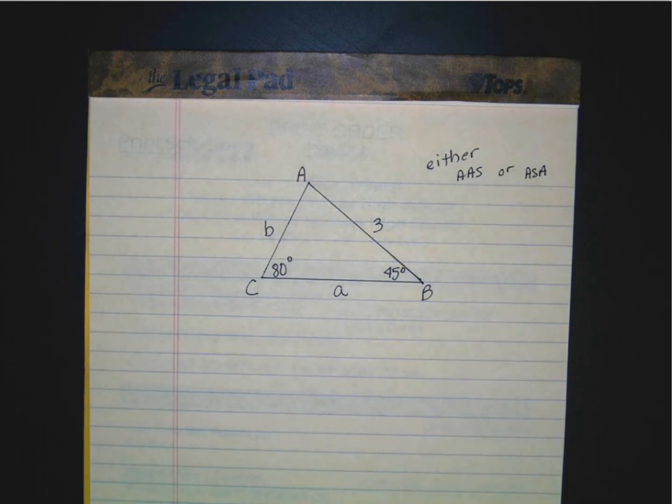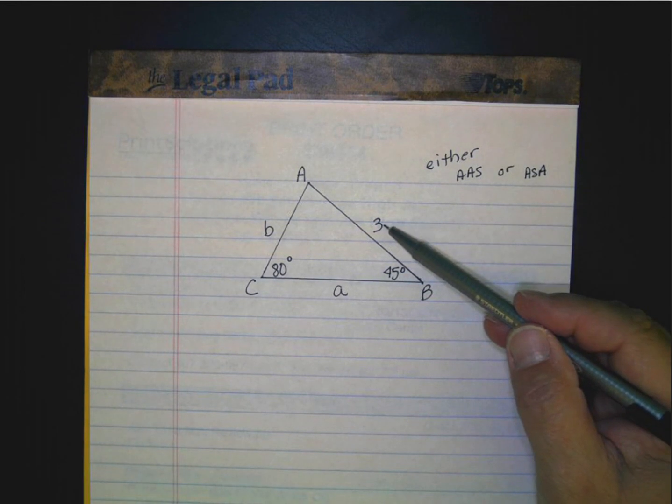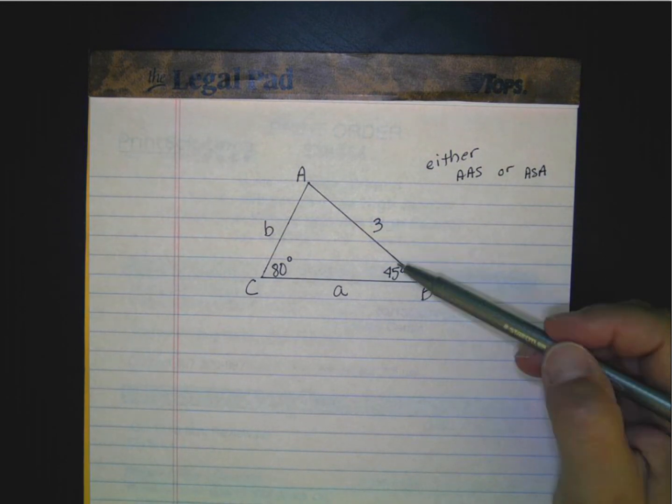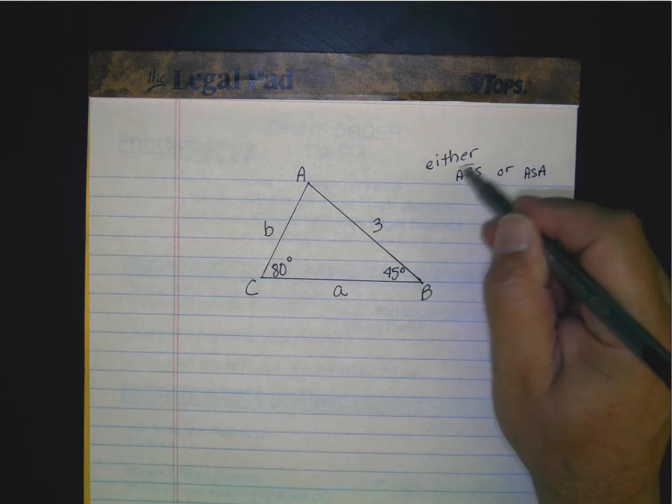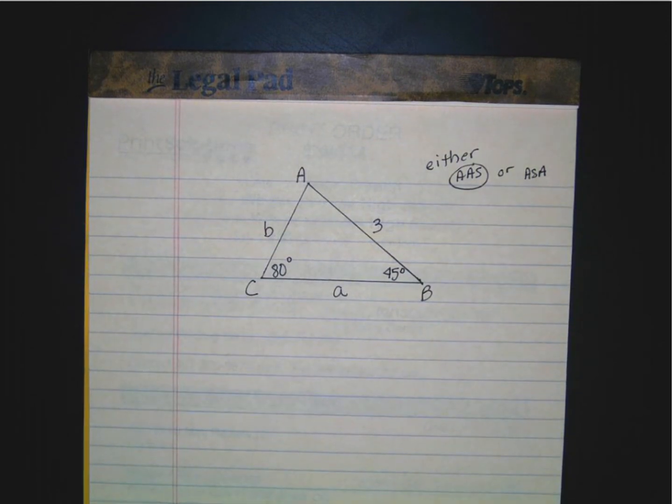If you look, we have angle, angle, side. We do not have angle, side, angle, so it would be AAS. The reason I'm holding off on the SSA is that we're going to do that in the next lesson. That's a little more complicated, so we're only going to worry about AAS or ASA.